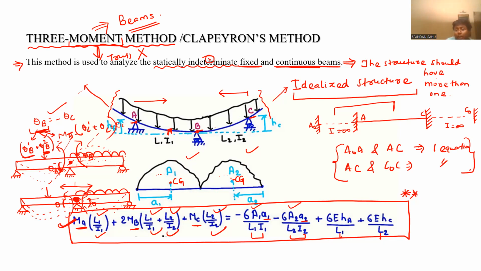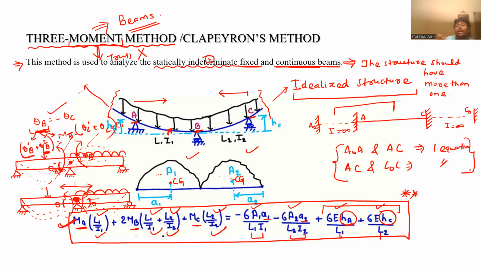the bending moment diagram. Now, E you know, the modulus of elasticity, and HA and HC are the support settlements. These two terms will come if there is support settlement. If not, they are simply 0.